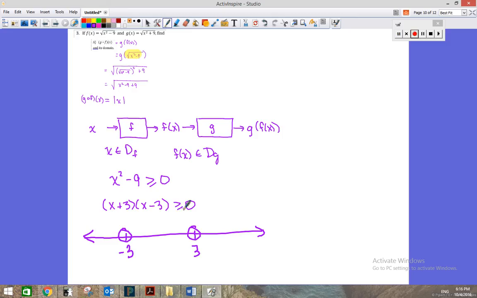Well, my answer is right here in this inequality. Since it says greater than or equal to, I can let -3 and +3 be in the domain, because when you plug them in, 0 is greater than or equal to 0. That divides my number line into 3 regions.